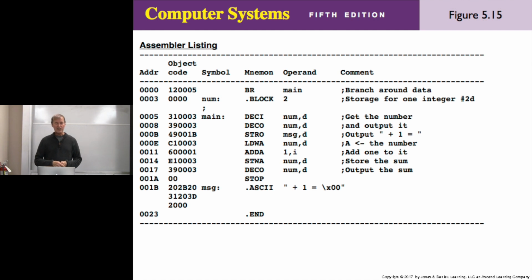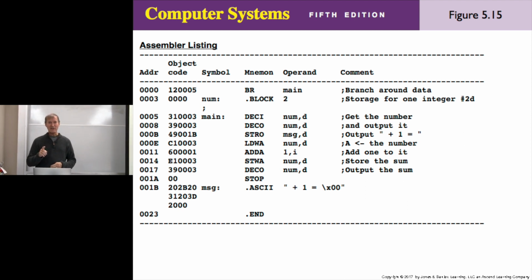Now check this out, you guys. Normally, when we said branch to somewhere, what did we have to say? We had to say branch to what? 0x0005. But look, instead of having to branch to 0x0005, in front of the first statement, that decimal input statement, we put a symbol. We call it main colon. And then when we branch, we don't have to branch to 0005.